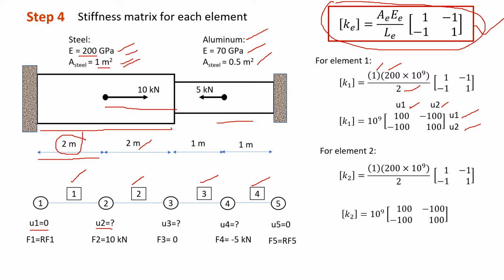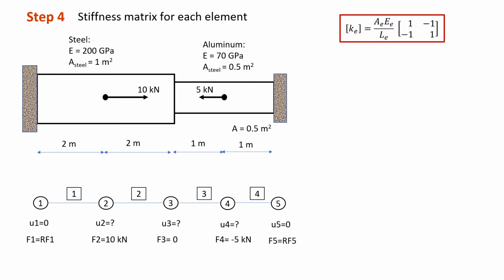And note that element 2 is between U2 and U3. So please note down the notation U2 and U3 for the column as well as for the row.